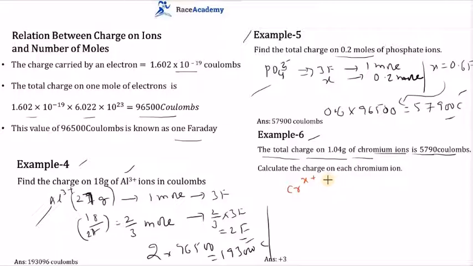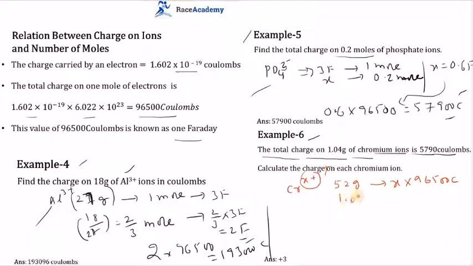Then what is the X value you have to find? This is the X value you have to find, the charge on the chromium ion. But one thing we know is that chromium's atomic mass is 52. The 52 atomic mass of chromium contains X into Avogadro number, X into Faraday number, that is 96,500 coulombs it will produce.